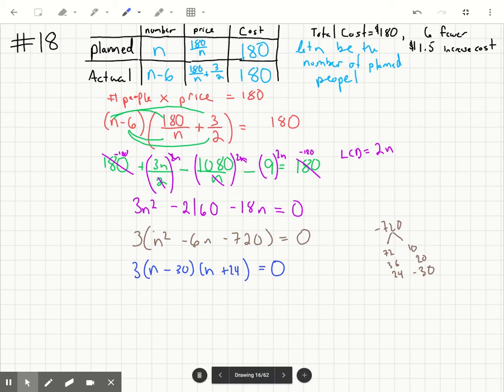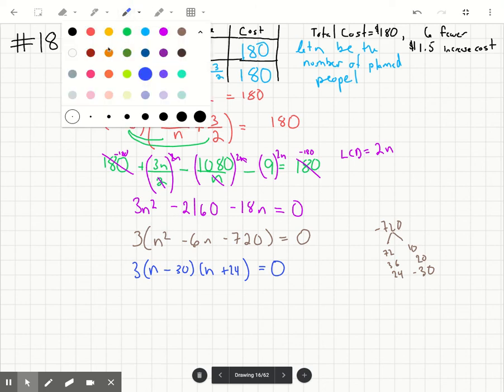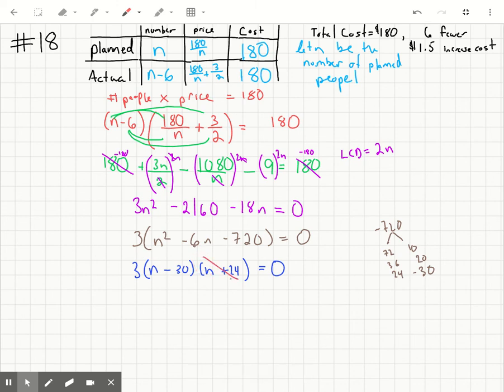And what was this we were talking about? n was the original number of people. If n is -24, we can't have -24 people. That does not work, so we'll rule that one out. Can't have a negative amount of people. So n is equal to 30.